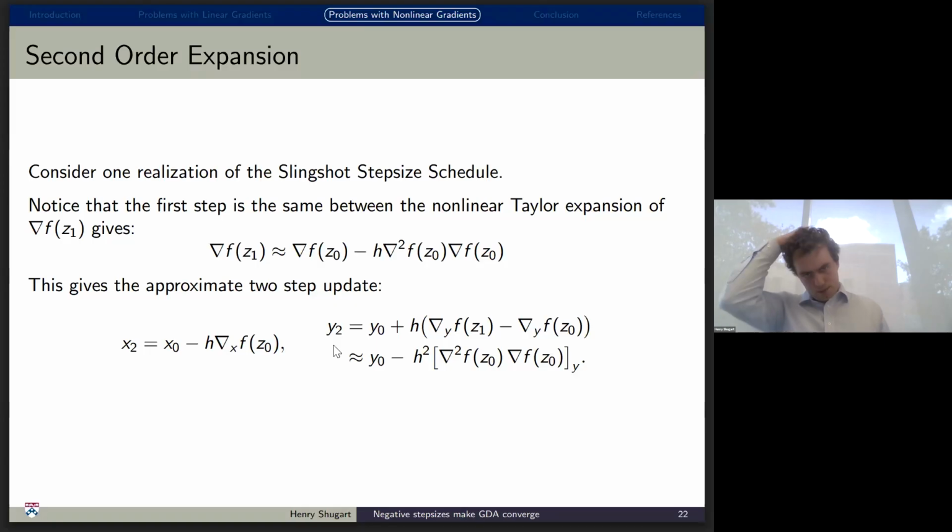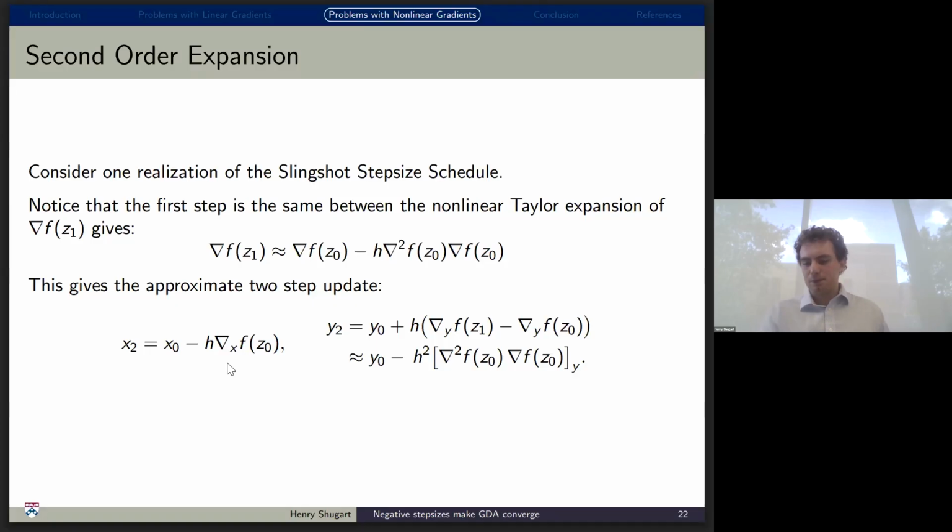Now, by just taking a step in one of the two variables on the second step, that variable, in this case the y variable, takes the portion of the HGD step that the y variable would be taking originally. And then the x player is just going to have quit after the first step, so it's going to just take a first order gradient descent step.